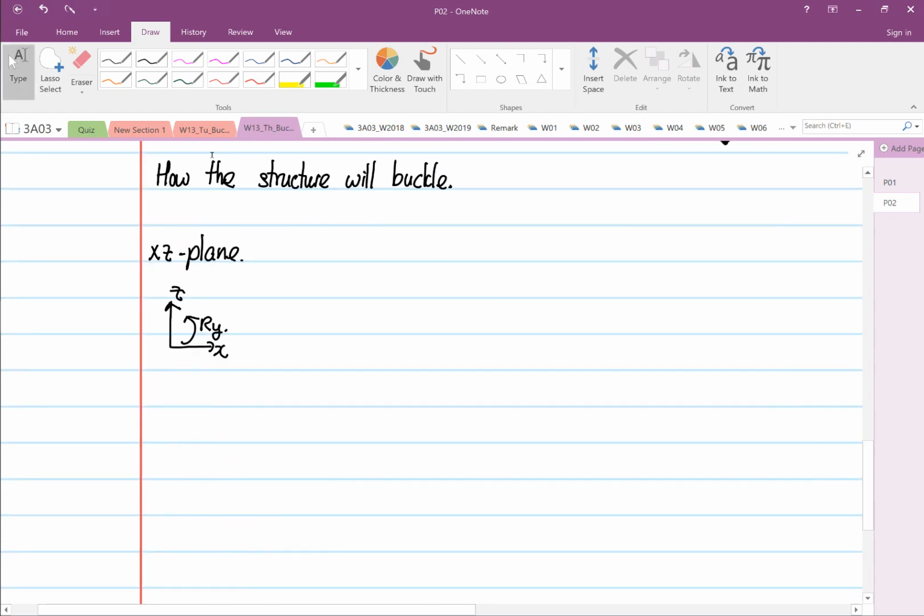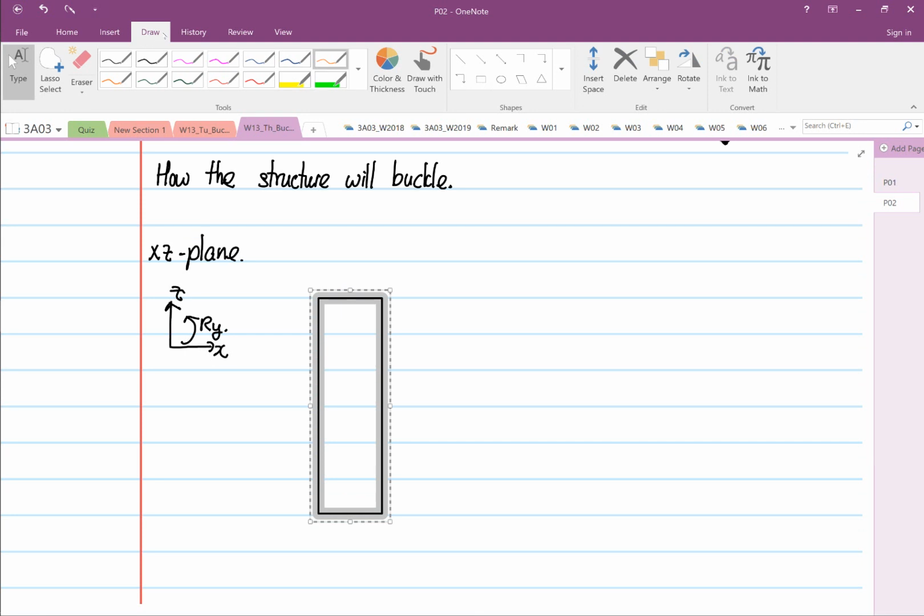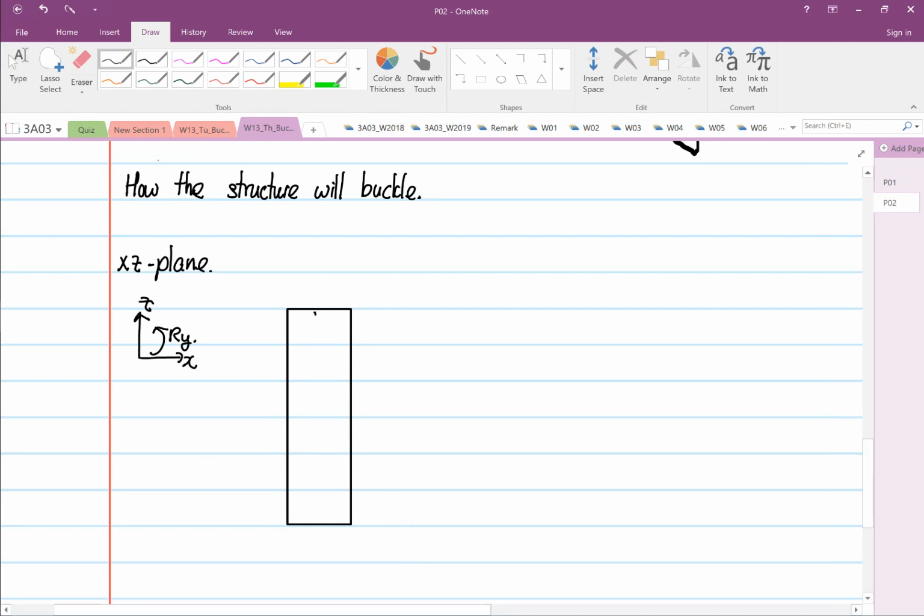So I'm going to sketch this out now. When we view from X and Z, this is how our structure looks like, right? And then we have our hidden detail. So the centerpiece is our web.